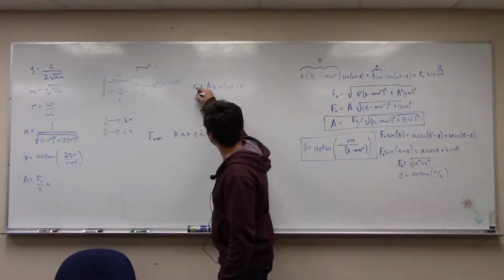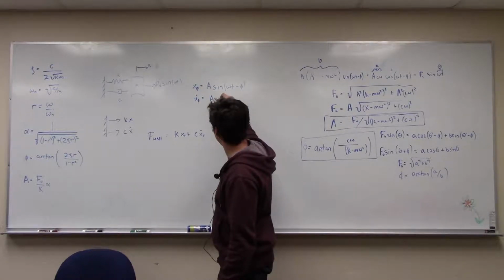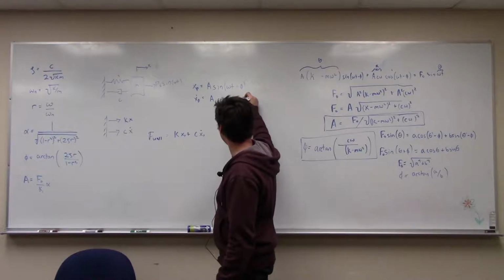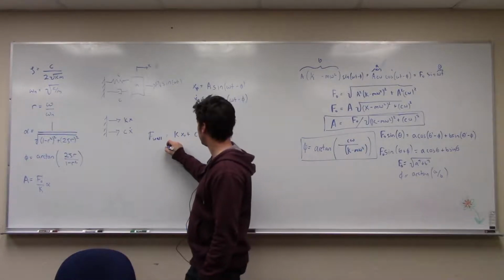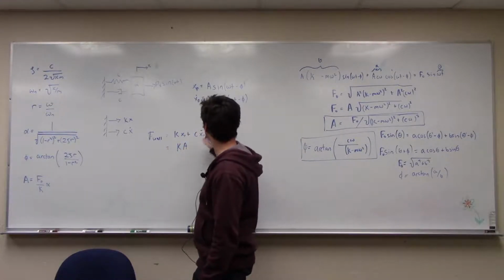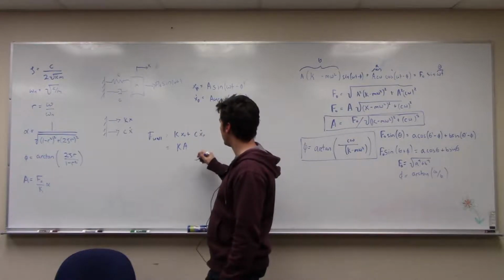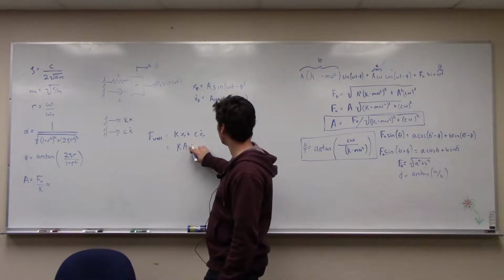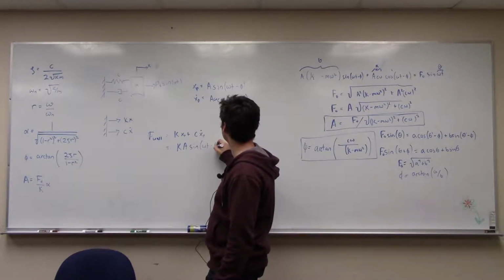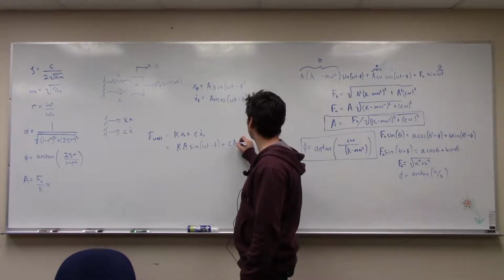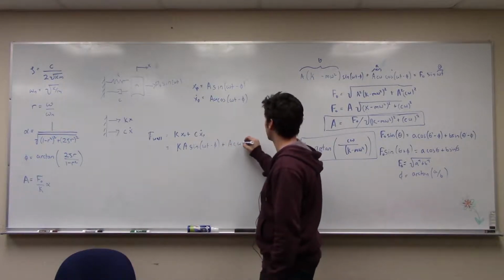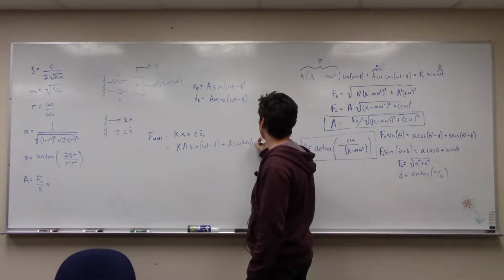Then xp dot, let's plug this in. This is A omega cosine of omega t minus phi. So this becomes k A sine of omega t minus phi plus A c omega cosine of omega t minus phi.